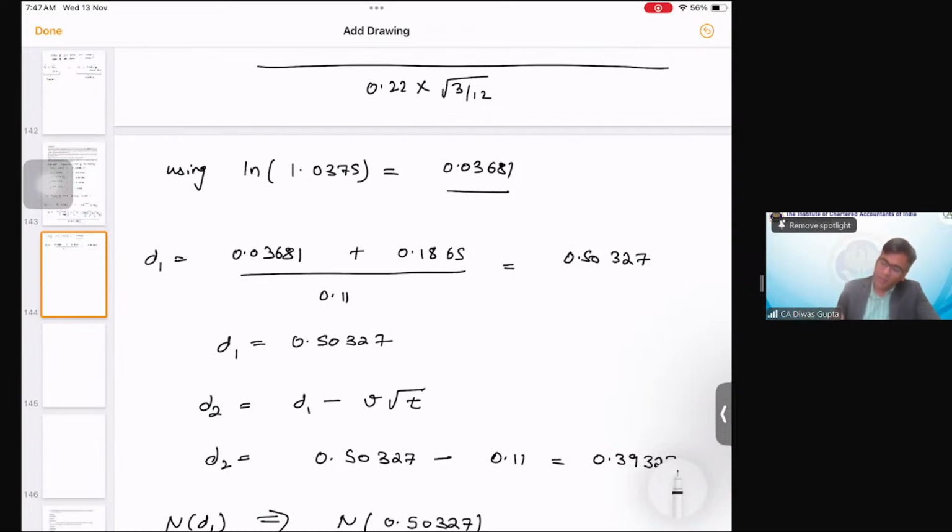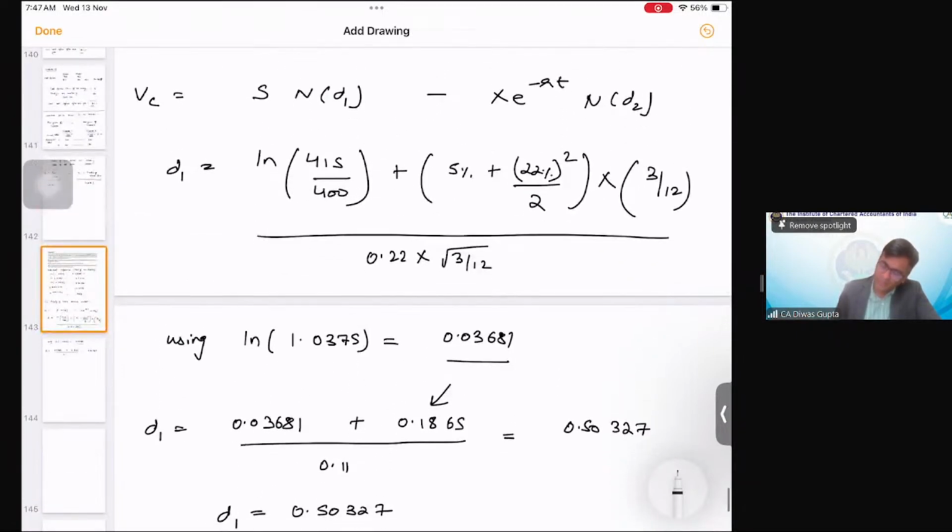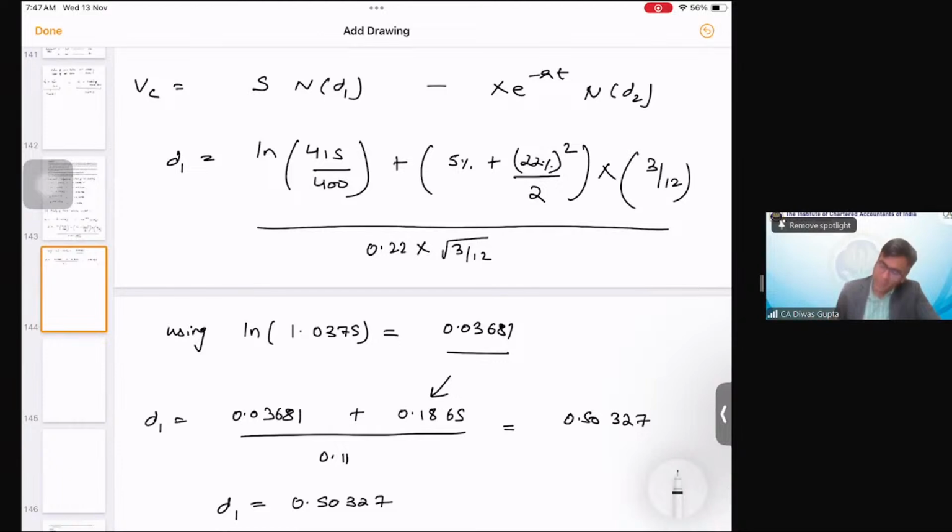You are saying this one? 0.01855 or 0.01865? Actually, the calculation is coming different. Okay, no worries. Let me just correct it.